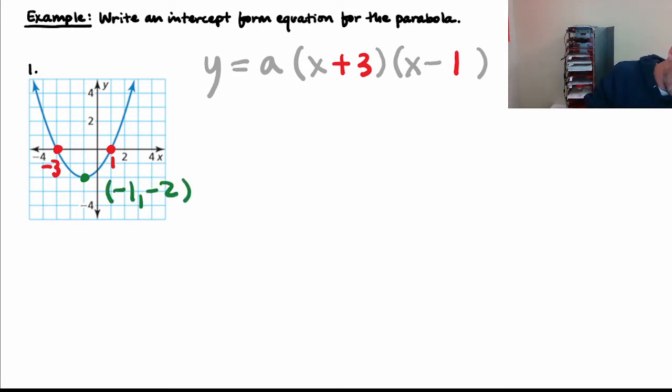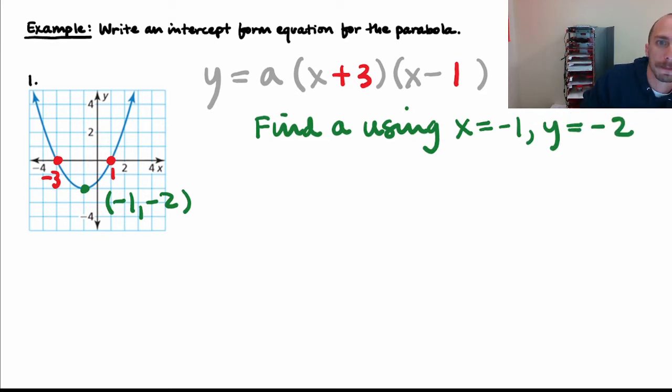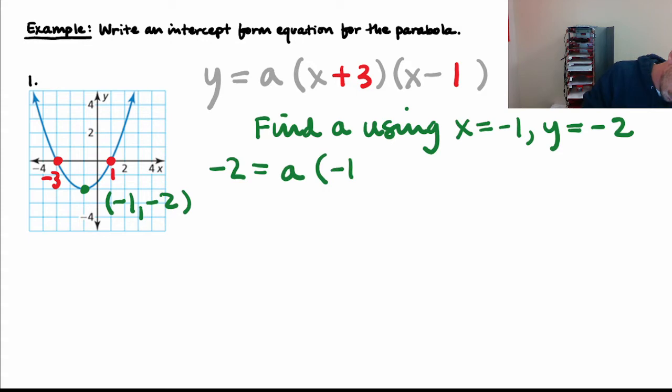So in order to find the value of a, I'm going to use x equals -1 and y equals -2. Then -2 equals a times -1 plus 3 times -1 minus 1.